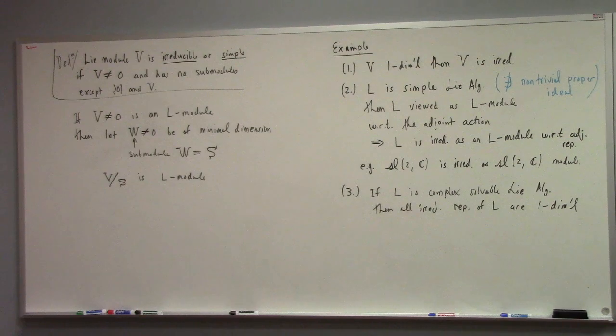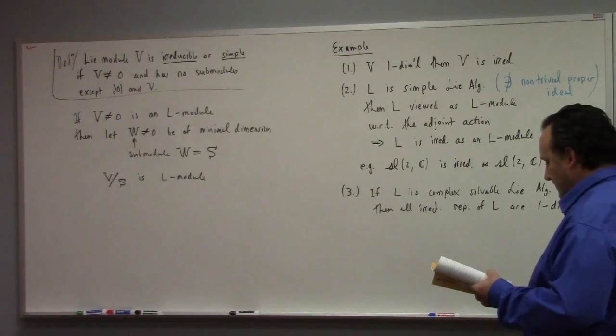So, complex solvable. Is it because there are no non-trivial ideals?